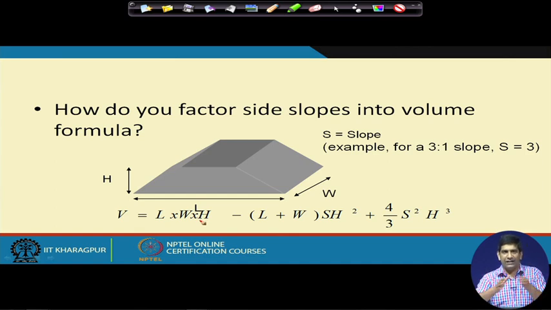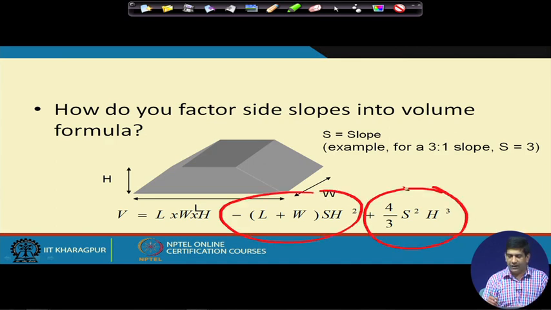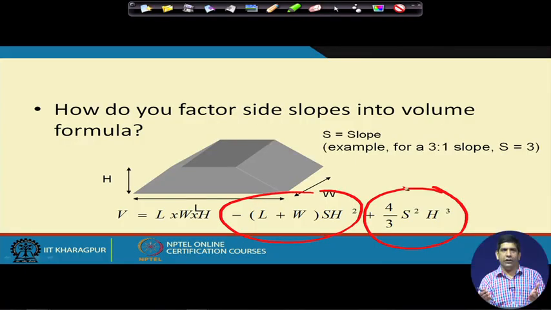would be the volume if there was no side slope and the top was the same as the bottom in terms of the width. But since the top and bottom are not the same, we have a certain negative factor, and then certain things have to be added. You can just draw the geometry, and there are derivations of this formula out there, and you can derive it by yourself, or you can just trust my word on it. This is simple geometry: since we have the side slope, we are losing some space.